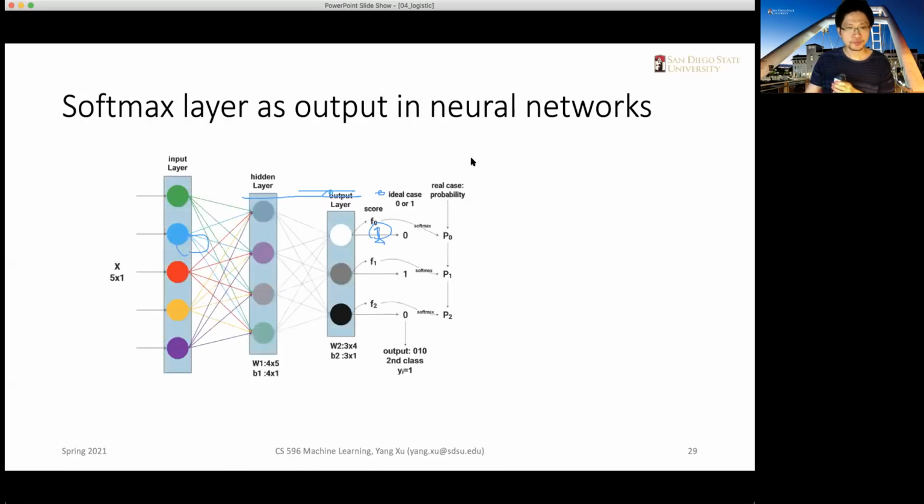For the softmax layer as the output in a neural network, this is something we're going to see in the future after we have covered deep neural network models. This is a very commonly used standard technique in deep learning models.